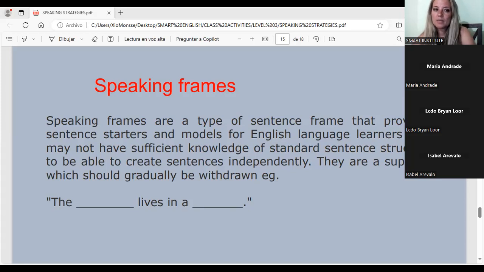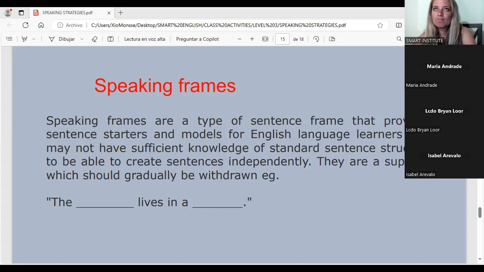But the thing is that you have to demonstrate that you are a good teacher. You have to be a facilitator. Give your students the tools to produce the language.